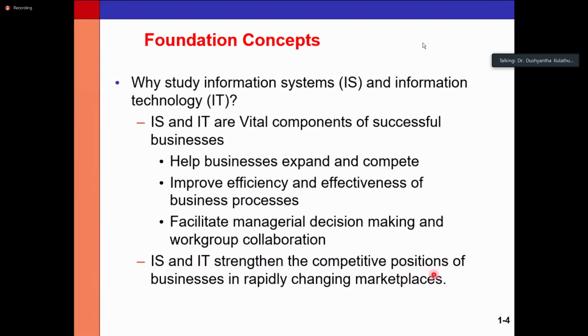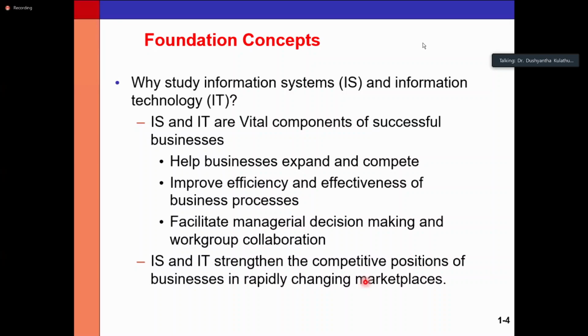IS and IT strengthen the competitive positions of businesses in rapidly changing marketplaces. This is another important aspect which was highlighted in a learning outcome also. The marketplaces, as you know, are not static, they are dynamic.